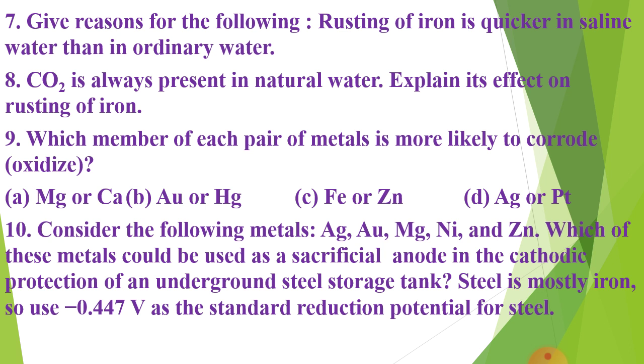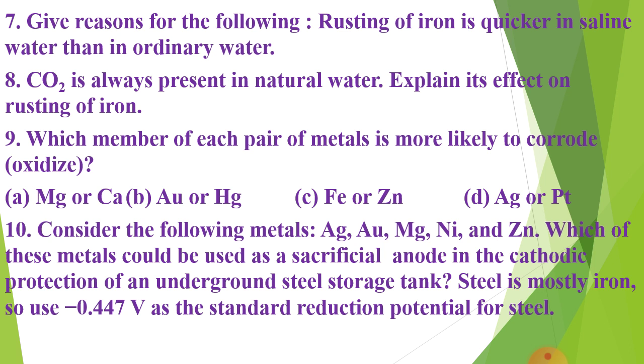Now question number 10. Consider the following metals: Ag, Au, Mg, nickel and zinc. Which of these metals could be used as a sacrificial anode in the cathodic protection of an underground steel storage tank? Steel is mostly iron, so use minus 0.447 volt as the standard reduction potential for steel.